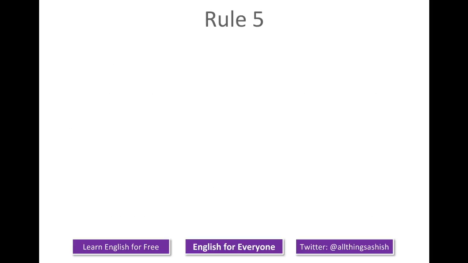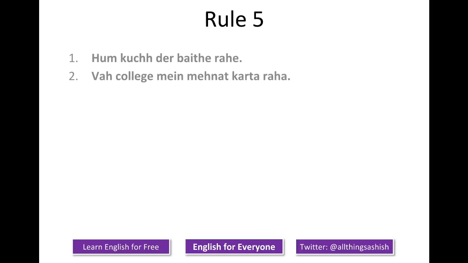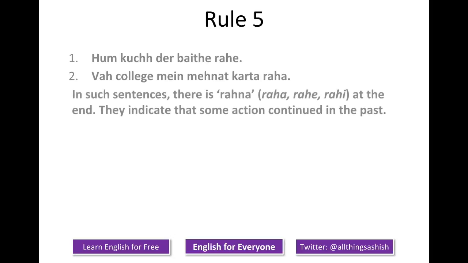Let's look at rule number 5. हम कुछ देर बैठे रहे. वह कॉलेज में मेहनत करता रहा. In such sentences, there is रहना, रहा, रहे, रही at the end. They indicate that some action continued in the past.